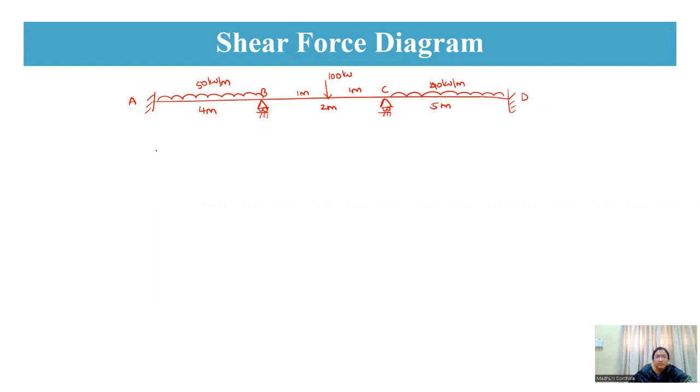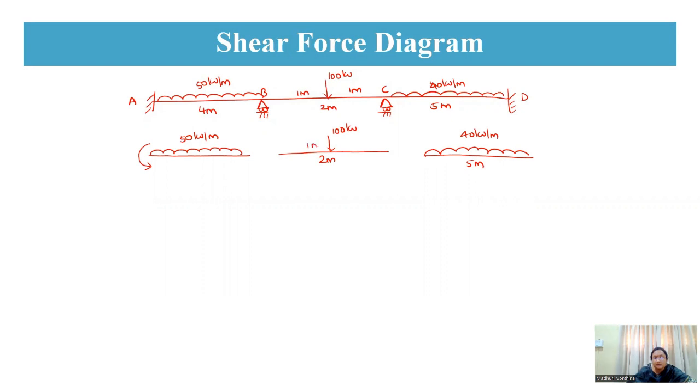For this, we are going to draw a free body diagram for AB, BC, and CD. For AB, it is 50 kilonewton per meter, and it is 100 kilonewton, and it is 40 kilonewton per meter, which is 5 meters, and this is 2 meters, and this is again 4 meters.